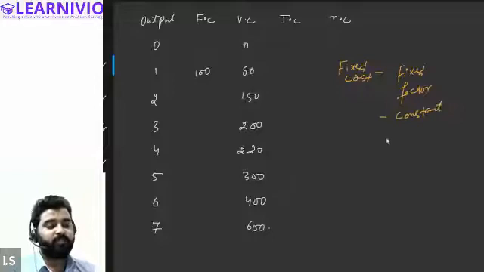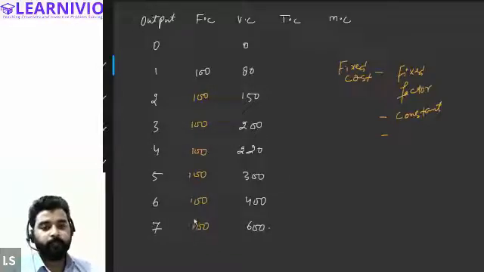So whatever we are spending at the first unit, it will be the same at all the units. So in this question, fixed cost is 100 at the first unit. That means for the second unit also, it will be 100. For the third unit also, it will be 100. For the fourth unit, it will be 100. For the fifth unit as well, it will be 100. For the sixth unit, it will be 100. And for the seventh unit, it will be 100 again. And can you guess at the 0 unit how much it will be? Tell me, Sakshi.